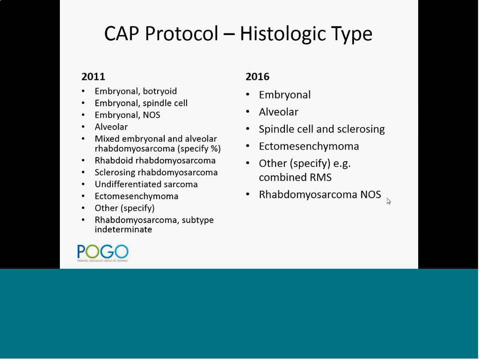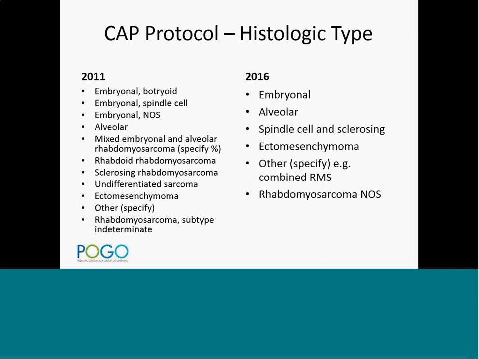It's either too small, or there's a lot of handling artifact, or there's thermal change, and it's rhabdomyosarcoma, but beyond that you really can't tell. That is essentially what I use the rhabdomyosarcoma NOS category for. And there are very few cases that would fall into that category, at least at a biopsy at our institution.